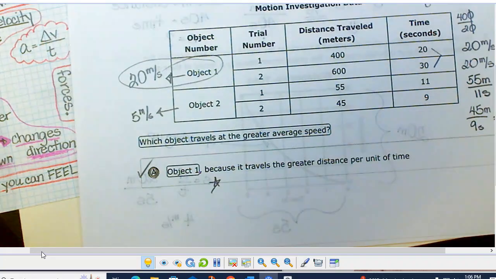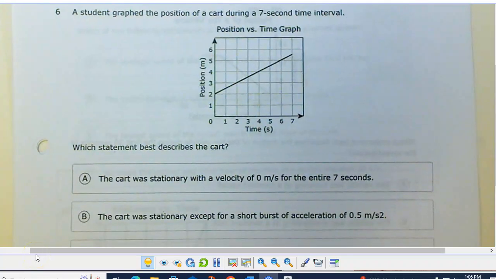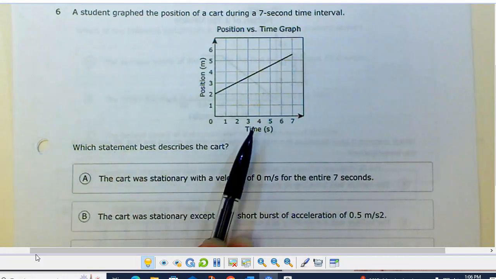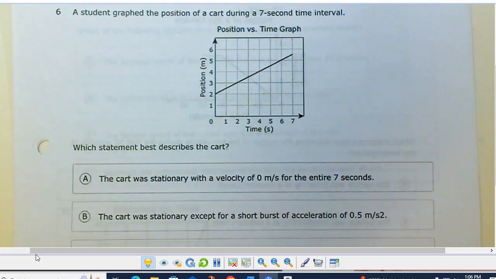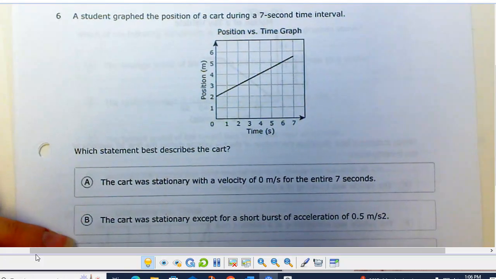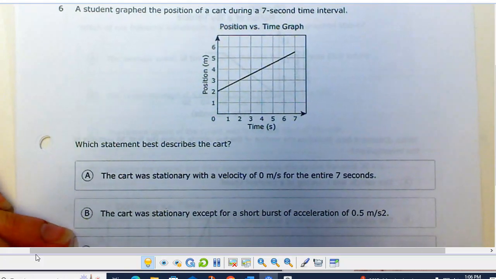And there we go. All right, join me for number 6. Number 6 says, a student graphed the position of a cart during a 7-second time interval. So we've got position on the y-axis, time on the x-axis. Which statement best describes the cart? The cart was stationary with a velocity of 0 meters per second for the entire 7 seconds.